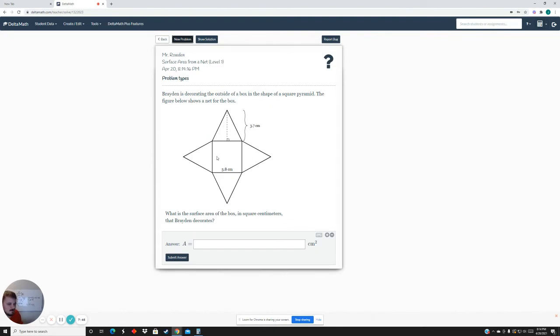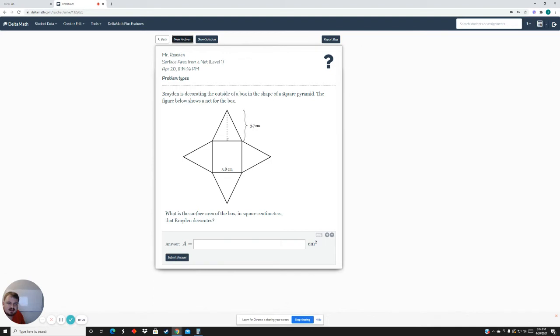Okay, so here, this is probably going to feel easy compared to what we just did. Let me erase this so we can get a fresh start. So in this case, you have a square in the middle. So 3.8 and 3.8, 3.8, 3.8. All of these are 3.8.